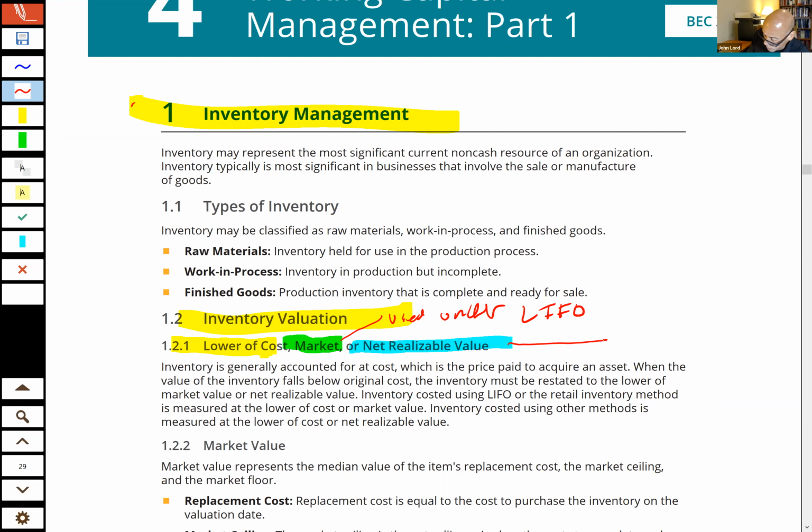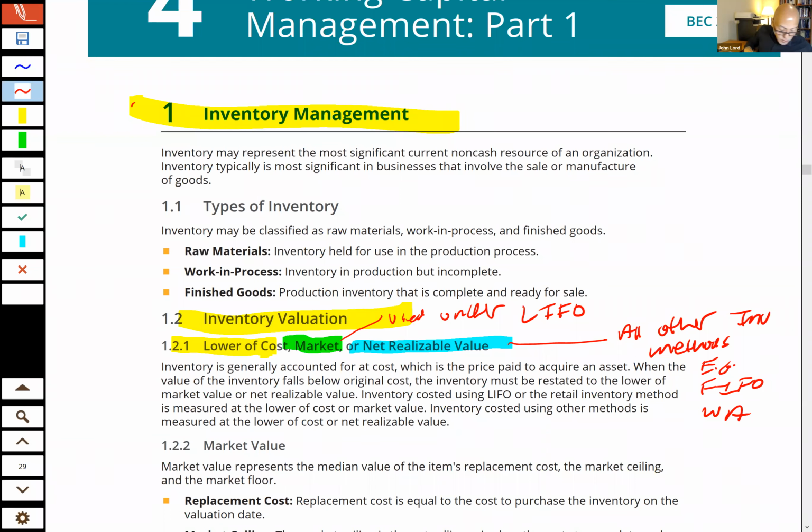Lower of cost or net realizable value is used for all other inventory methods, e.g., FIFO, weighted average. I'll just make that WA, weighted average. Okay, all other methods use lower of cost or net realizable value.